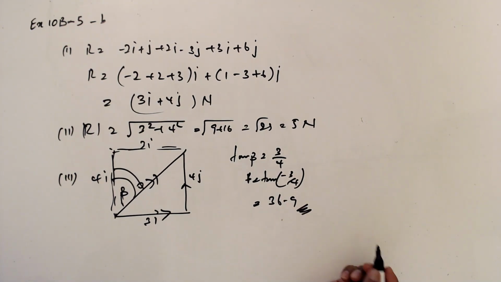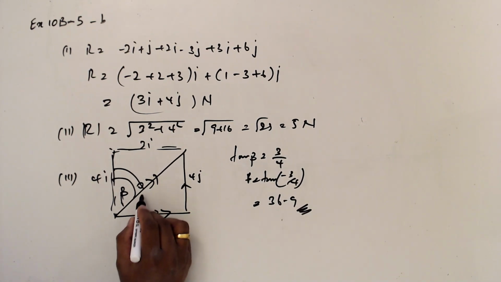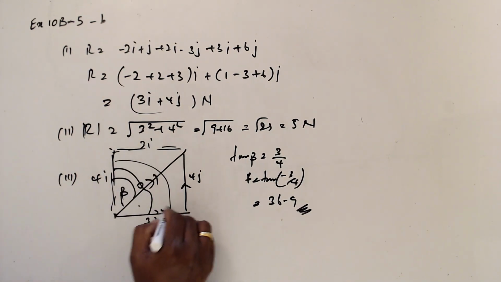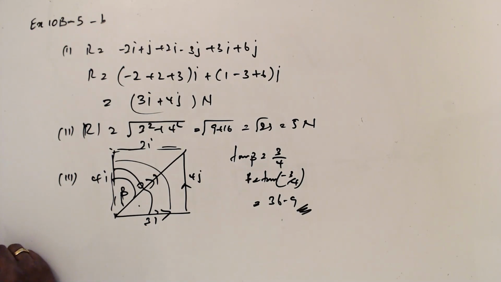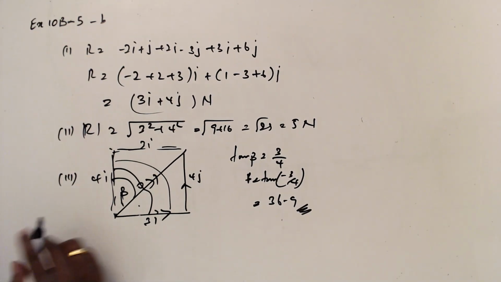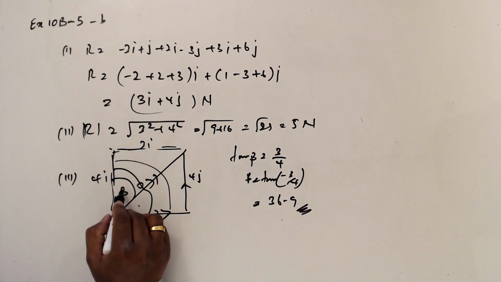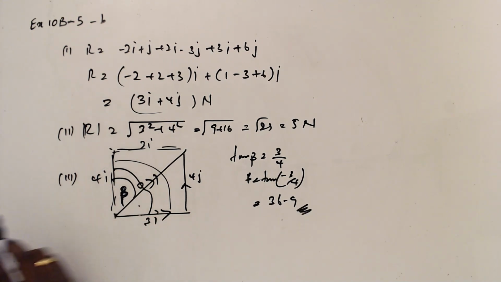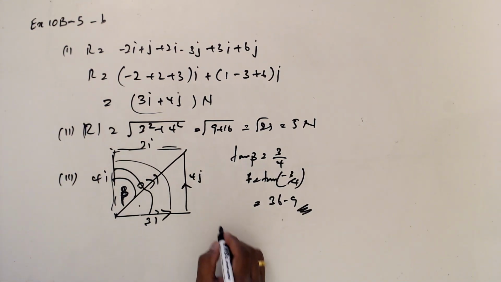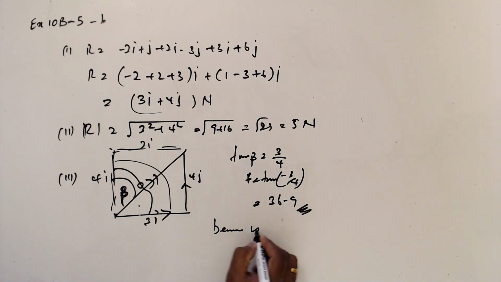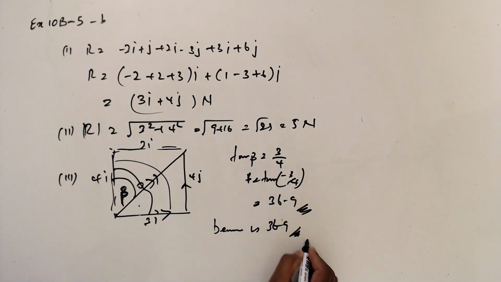36.9. If you find this angle, then you have to take 90 minus this one. So I straight calculate from this one, beta. So the bearing is 36.9.